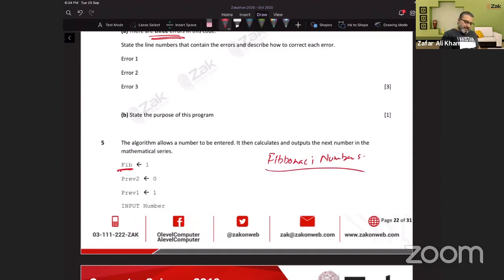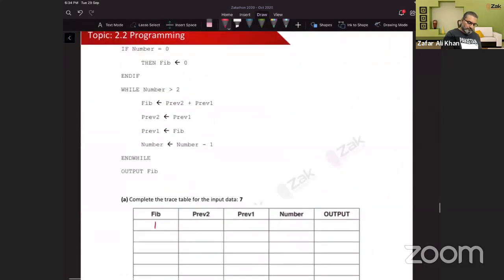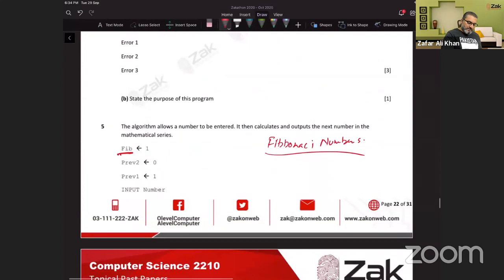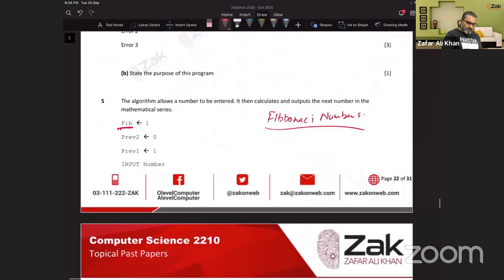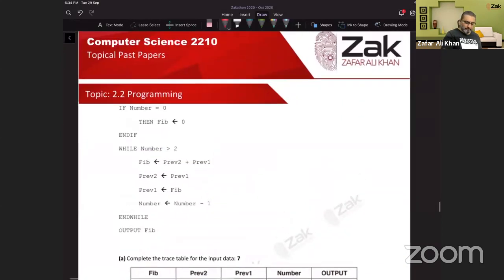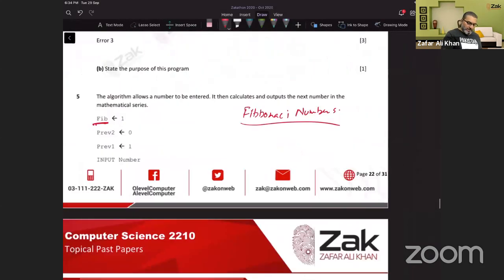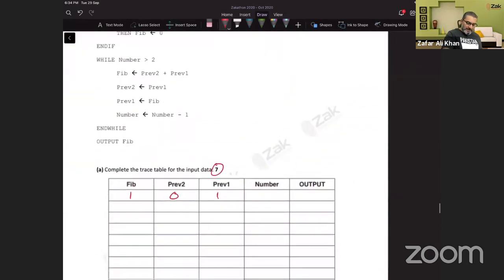So it says that fib is equal to 1, previous 2 is equal to 0, previous 1 is equal to 1, input a number. So input a number, that is number 7.